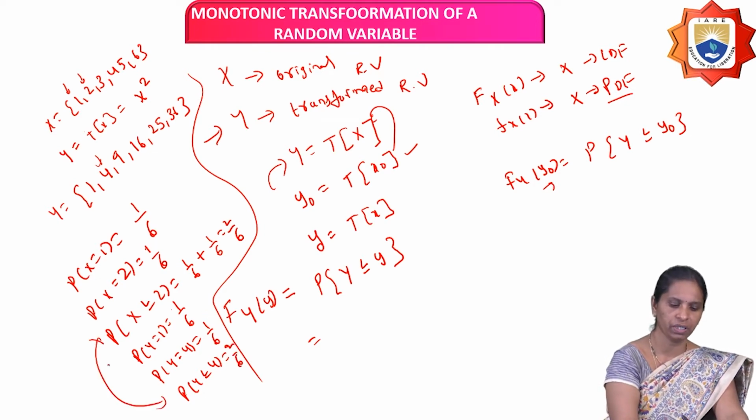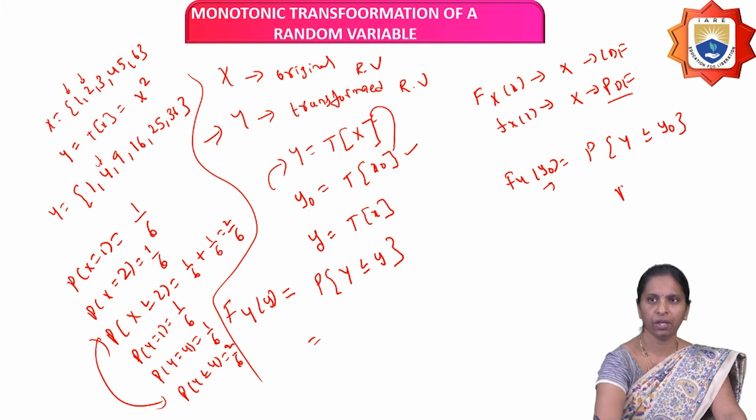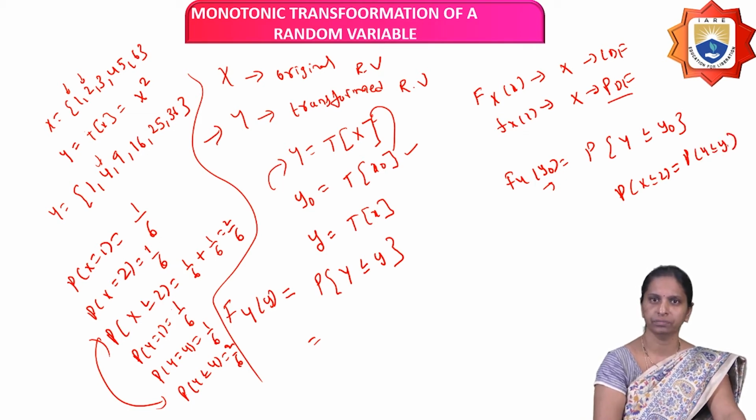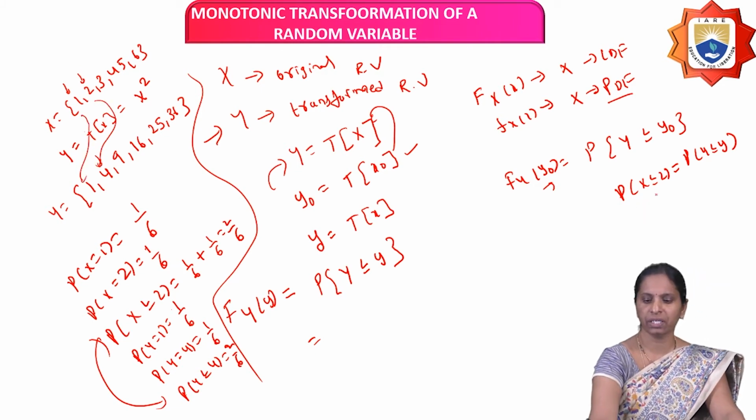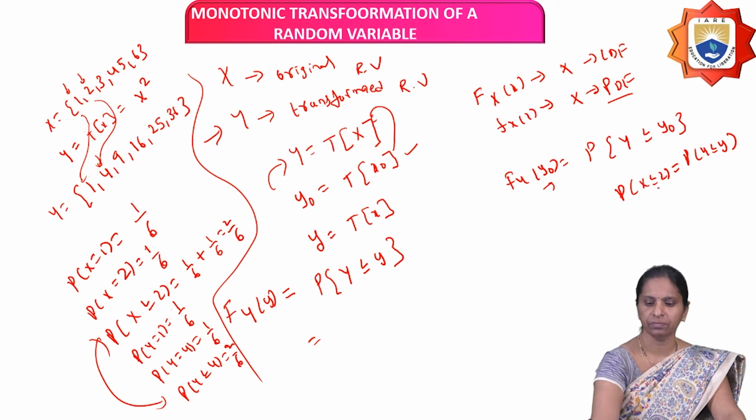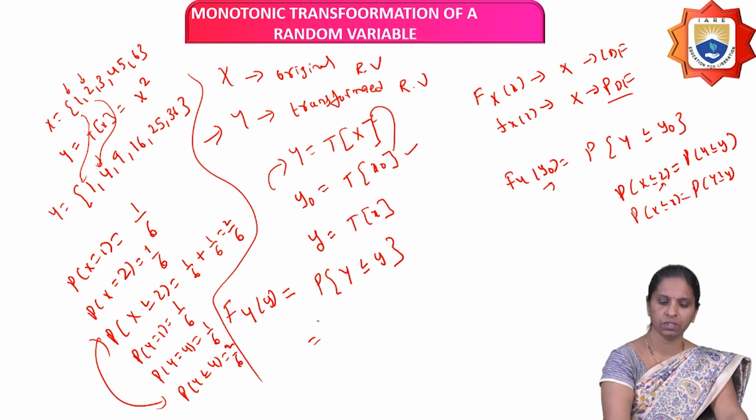So, from this, what can you say? P of X less than or equal to 2 is nothing but P of Y less than or equal to y, where 1 corresponds to 1 here and 2 corresponds to 4 here. So, if you take in general, in place of 2, a general x value, then P of X less than or equal to x is nothing but P of Y less than or equal to y.